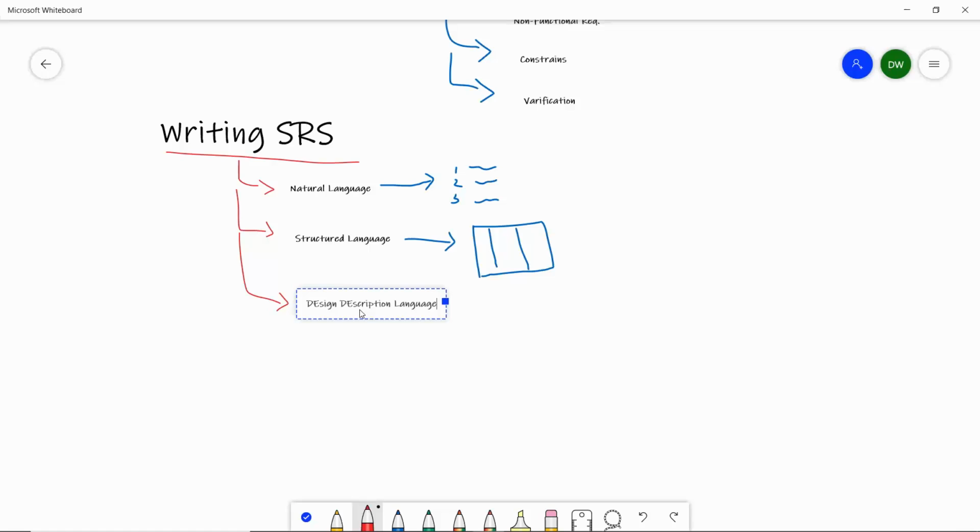So this kind of languages are rarely used now, because sometimes this will not properly explain what the requirements are, because we know that when we use programming languages, it is not really easy to understand for some parties. So here we have a format like what we use in programming languages, right?